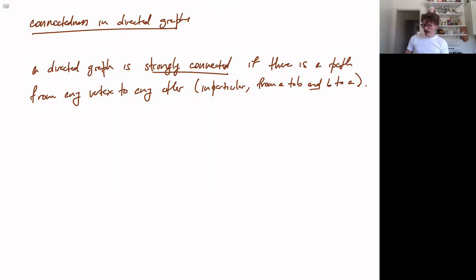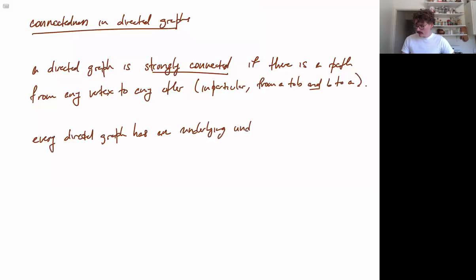And if we're going to call this strongly connected, then what is the alternative? So let's take another little definition. Every directed graph has an underlying undirected graph, which you find by just forgetting the edge directions.